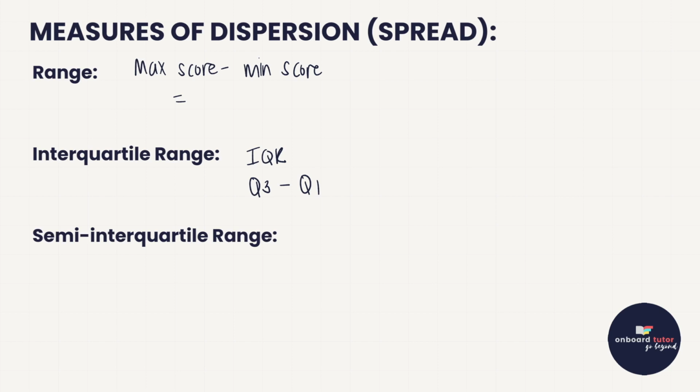So basically, the space between the quartiles. And then finally, the semi-interquartile range. Semi, like in a semicircle, means half. So that's just going to be half of the interquartile range. Divide your interquartile range by 2.